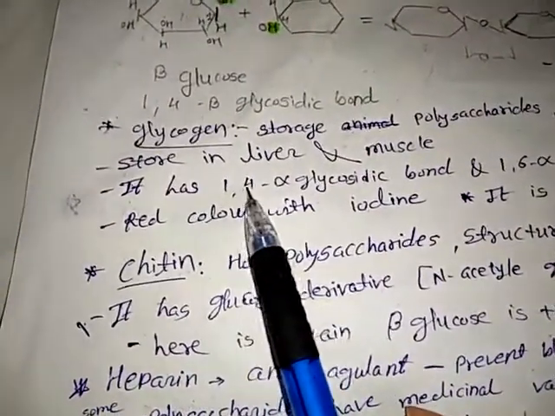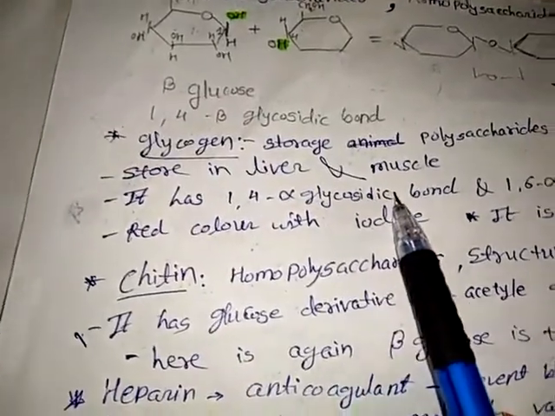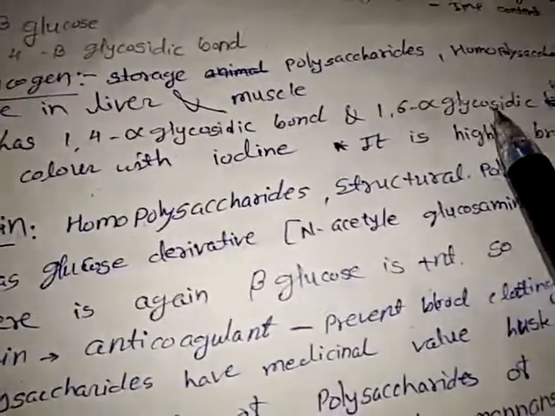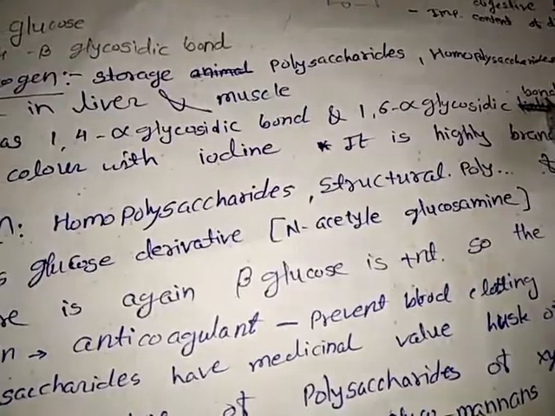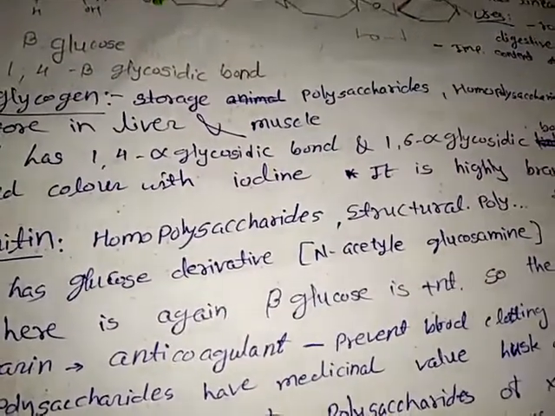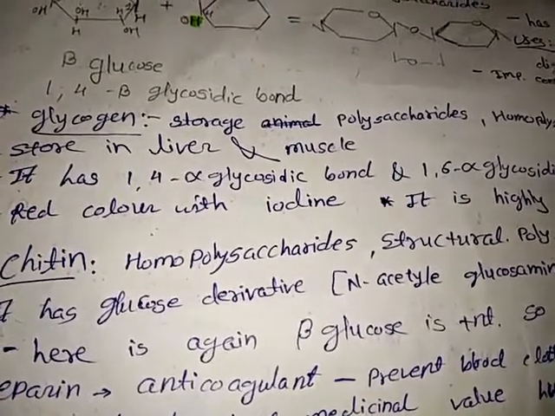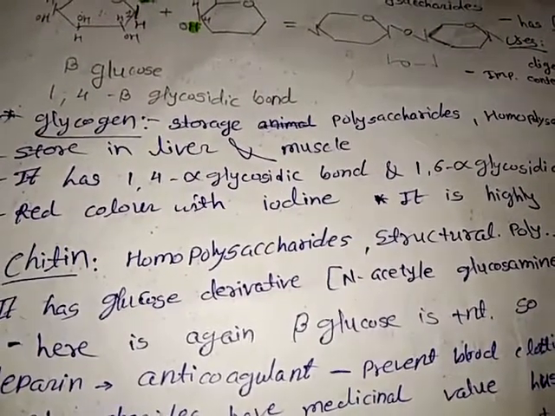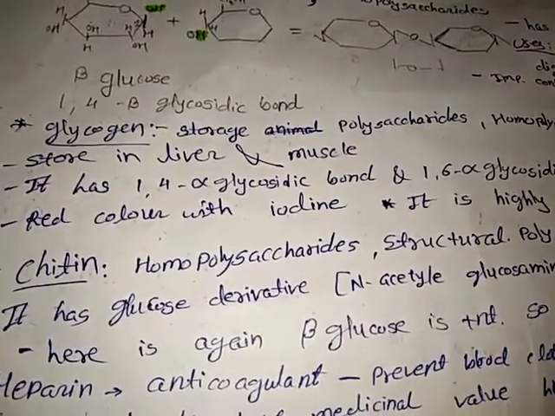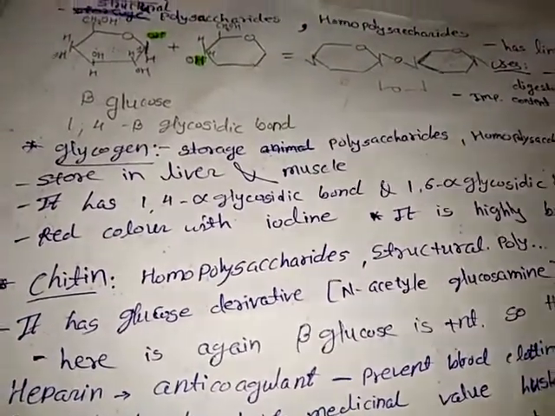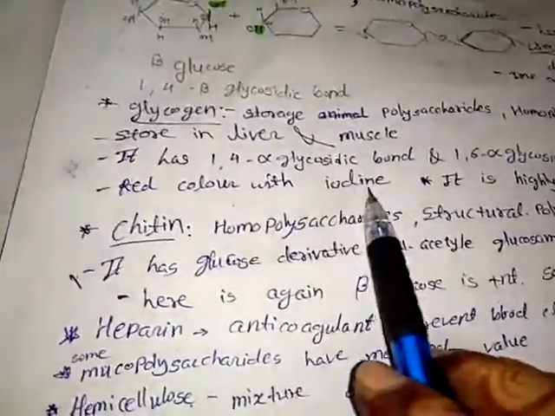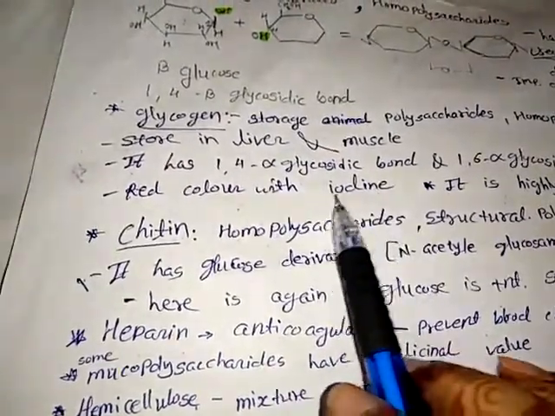It has 1,4 alpha glycosidic bonds and 1,6 alpha glycosidic bonds. But here the 1,6 alpha glycosidic bonds are more than in starch, so the structure of glycogen is more highly coiled than starch, and it gives a red color with iodine in base. It is a highly branched structure.